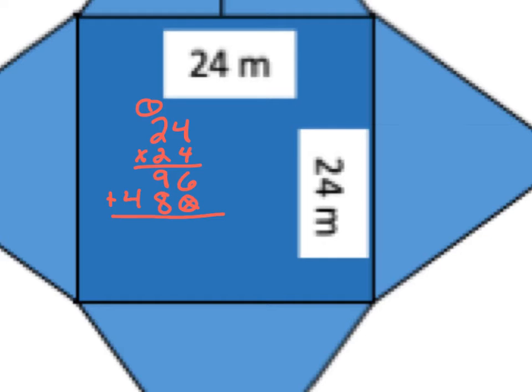You can simply add these up. 6 and 0 will give you 6. 9 and 8 is going to give you 17. Drop your 7 and carry your 1. And then 1 plus 4 is going to give you 5. And the center square here is going to be 576 meters squared. We'll go ahead and write meters squared there. And that is what you get for the center square.